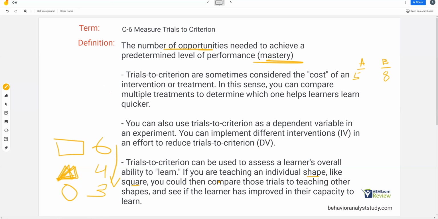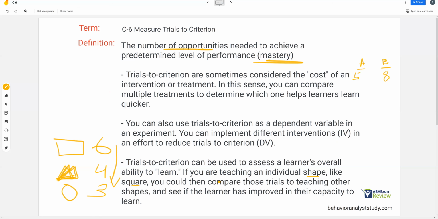And like I said in the beginning, I think trials to criterion is really underutilized as a teaching method. What better way to evaluate your learner's prowess and how long it takes them to quote unquote learn than to actually measure it?